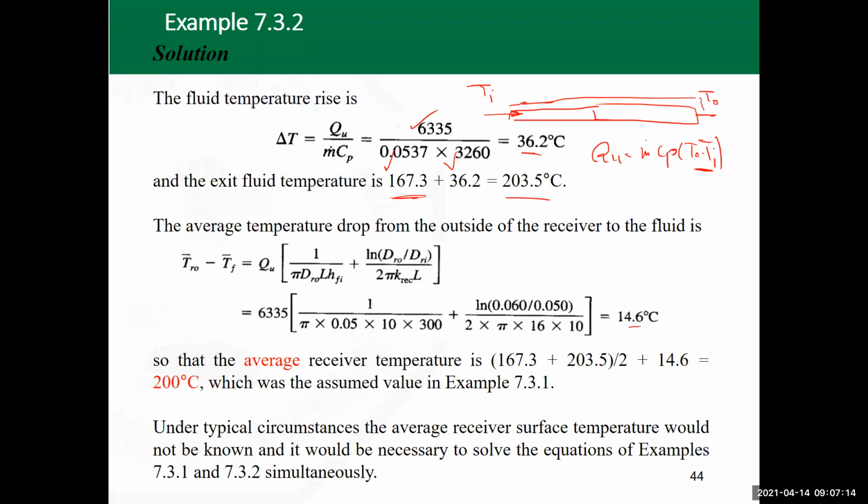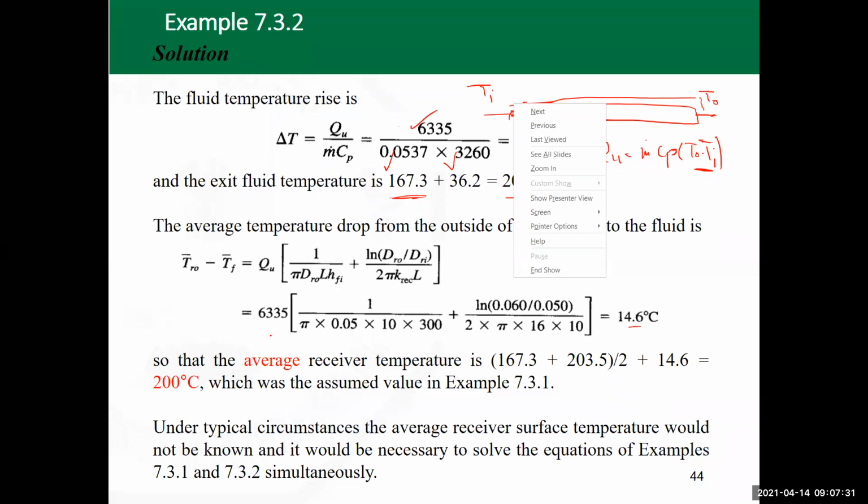The average value of the surface from this value to this is the 200 that we have used in the previous example. So this again is saying that we are able to calculate the changes in the absorber temperature as it extends from the inlet to the outlet of the collector that we have.